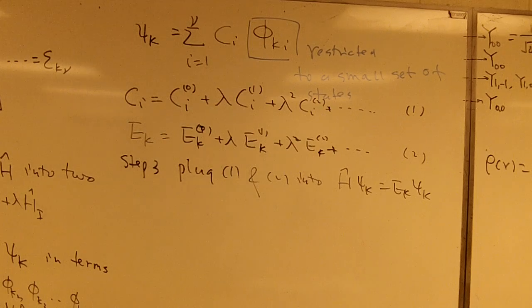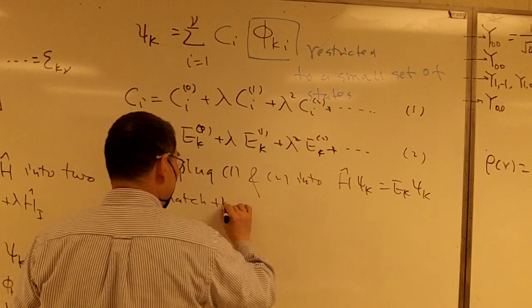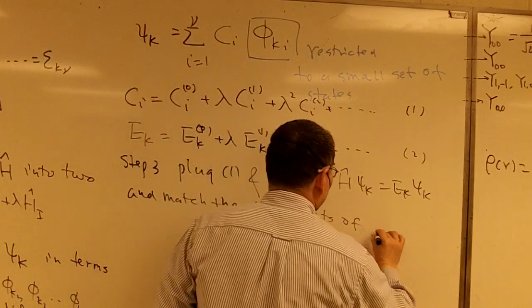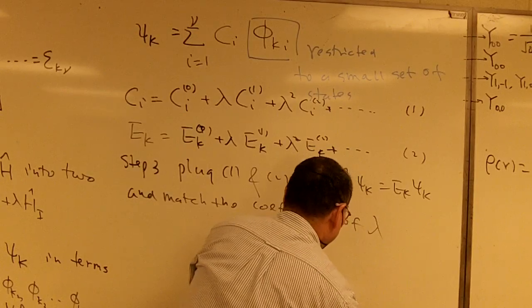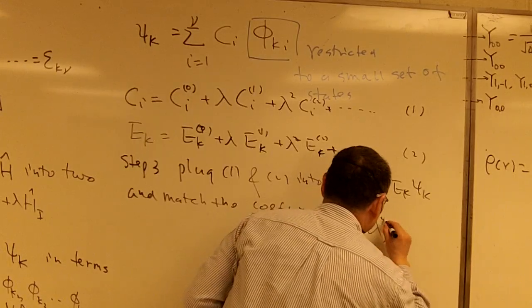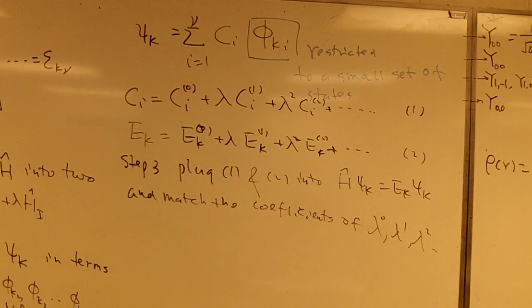We're going to plug that in and match the coefficients of lambda, lambda to the power 0, lambda 1, lambda to the power 2, like this. So that's matching the coefficients. This is what we do, and essentially the entire calculation is like this. Once we match the coefficients, we get the results that we need.